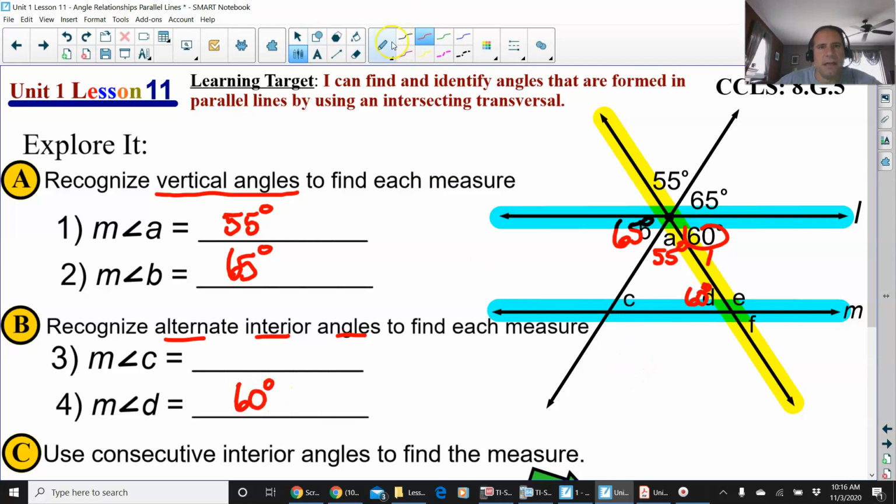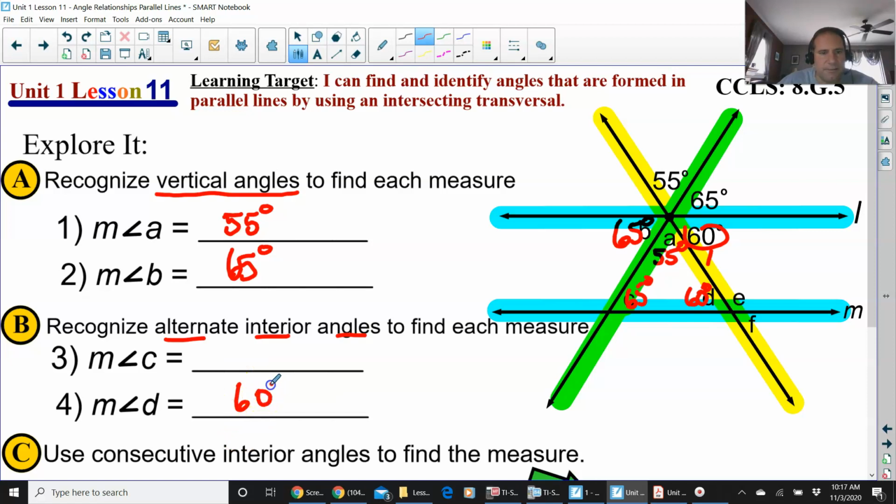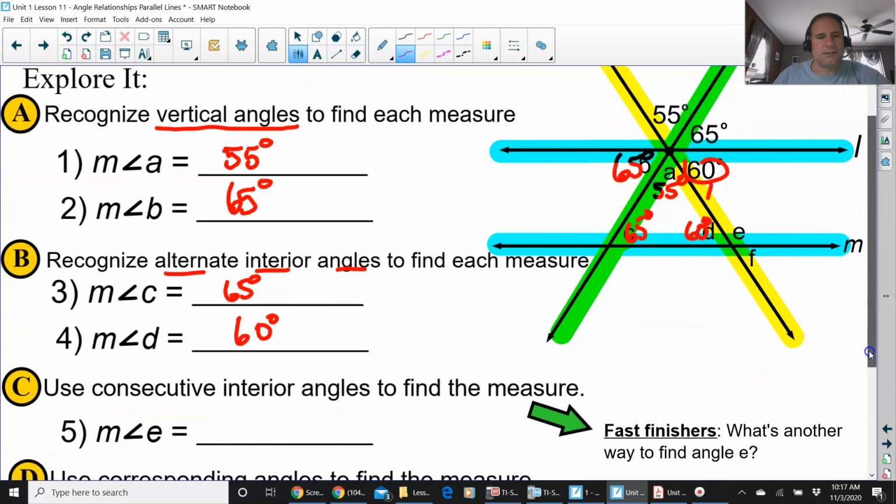Now let's take a look at something over here, in a different color. Take a look at B and C. Yep, those are alternate interior angles. So this is 65. D is 60, C is 65. Alternate interior angles are across from each other and inside the parallel lines.